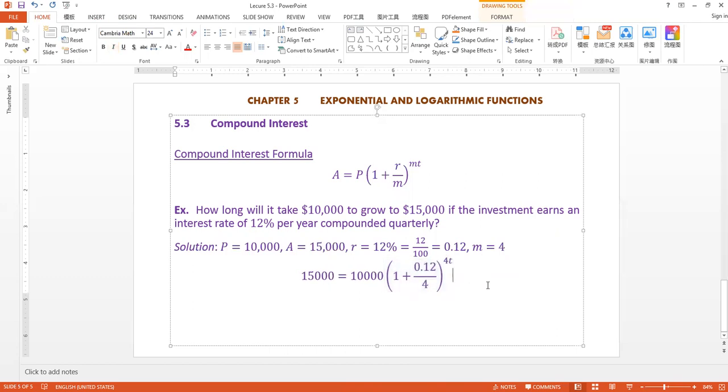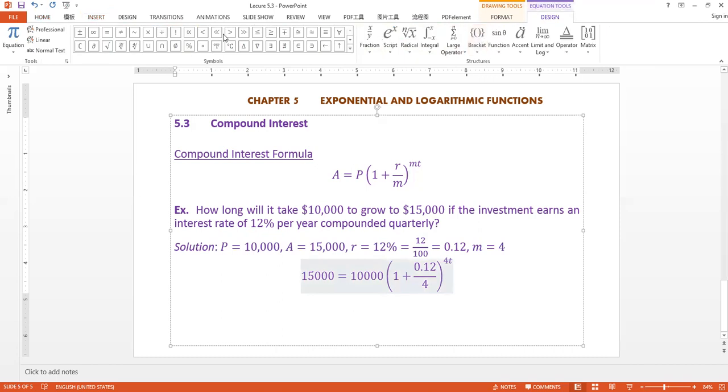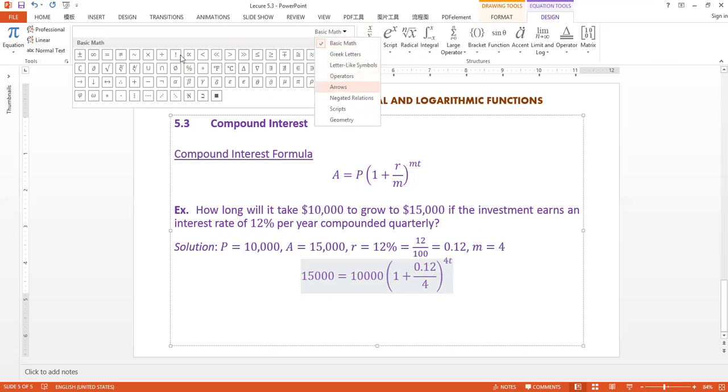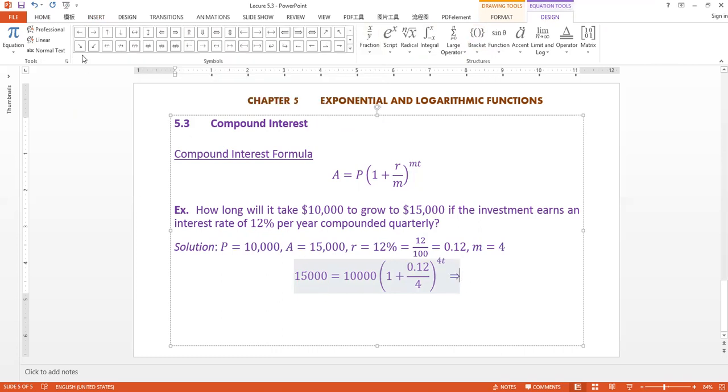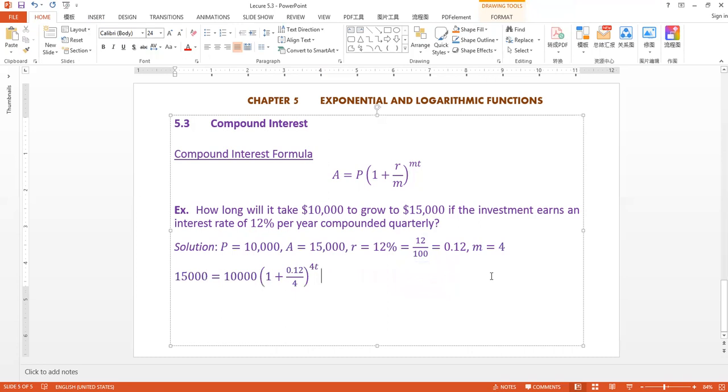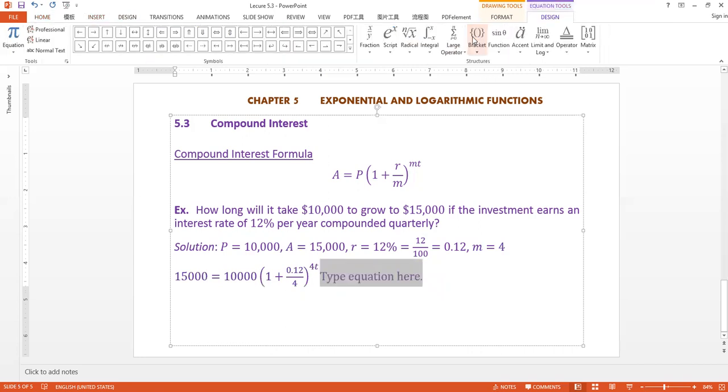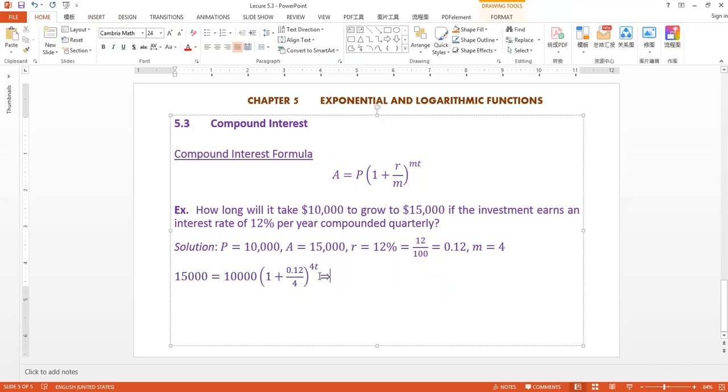Okay, so we can simplify this equation by dividing by 10,000 on both sides first. That'll be the first thing we do to make the equation a little simpler.